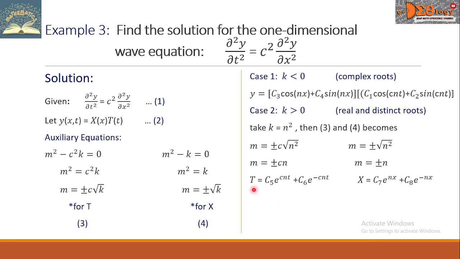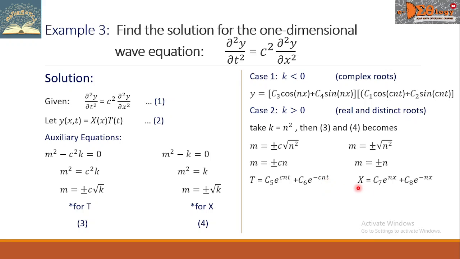So we write the values for T and X respectively. For the T, we have c sub 5 times e raised to cnt plus c sub 6 times e raised to the negative of the quantity c times n times t.